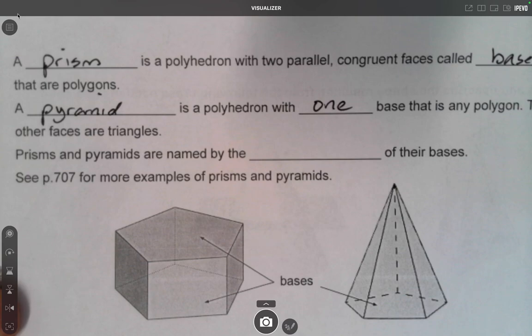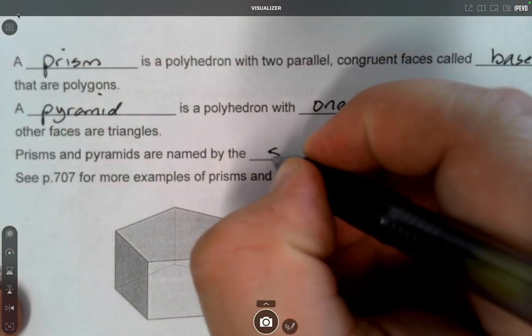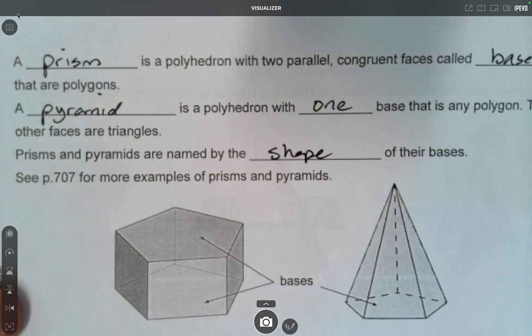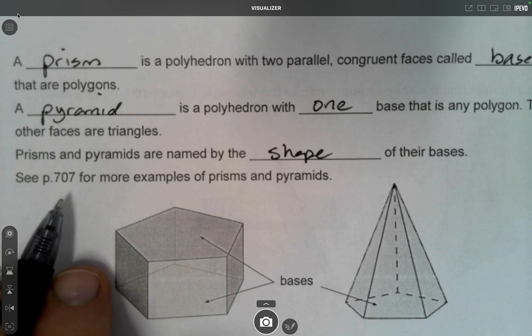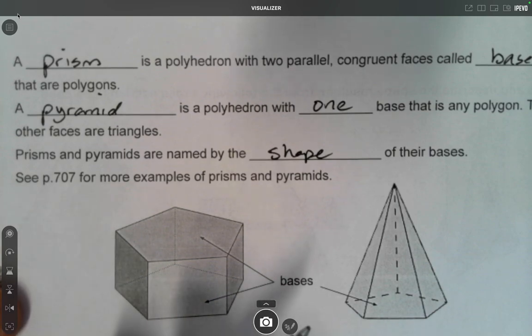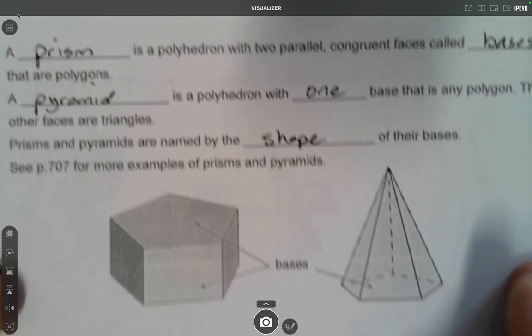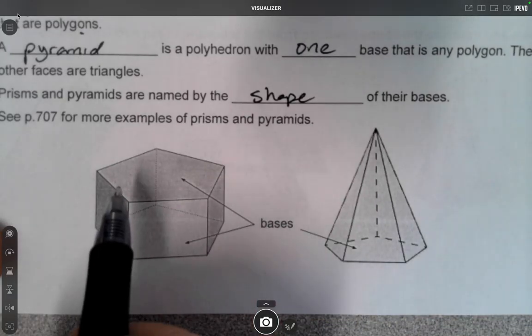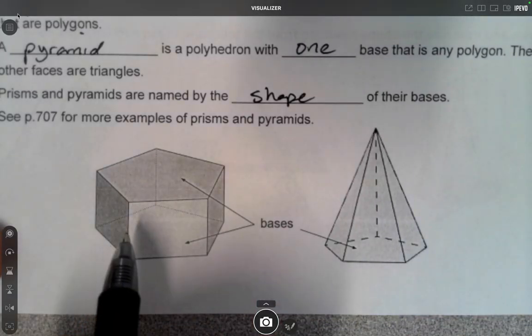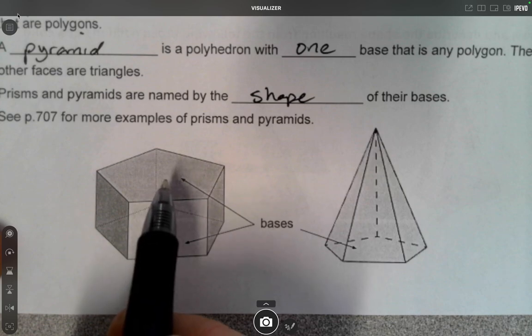Now, when we're naming prisms and pyramids, we name them by the shape of their bases. So I'm just going to do these two right in this video, but if you have your book, you can look at page 707 and see more examples there. So right here, this one is a prism because it's the same shape on the top and the bottom.